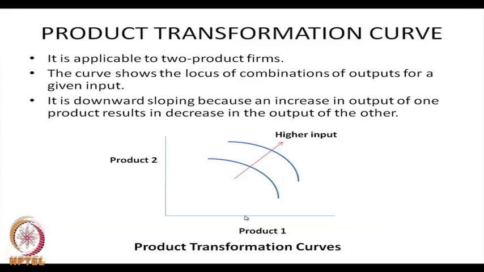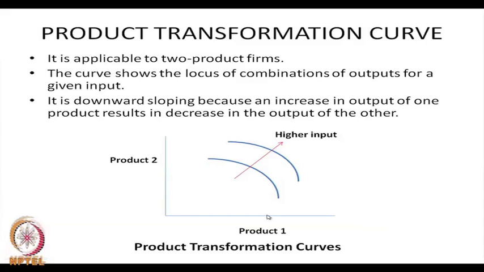Suppose that we are spending so much money on our input, labor, capital, material and so on, then we can produce different quantities of product 1 and product 2 for the same input. So, using the same input, different combinations of product 1 and product 2 can be produced.